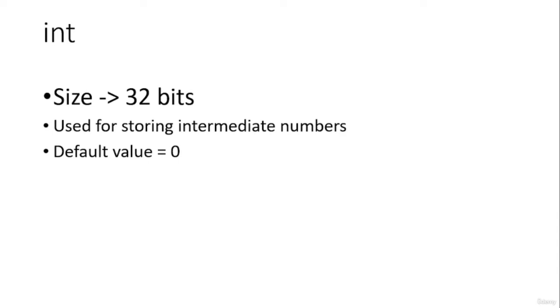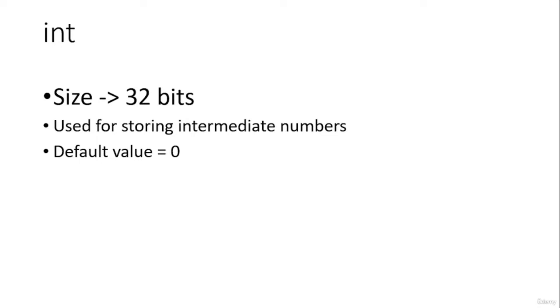Now let us discuss the next data type, which is int. Int is the most commonly used data type, and it has a size of 32 bits, and it is used to store intermediate-sized numbers. So in this lecture we will use the int data type more, and int can be used to store IDs and all such values, everything we can store using int.